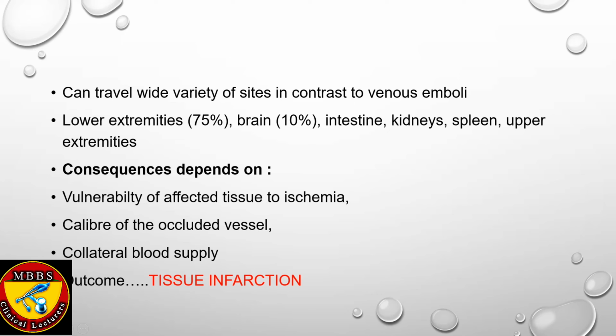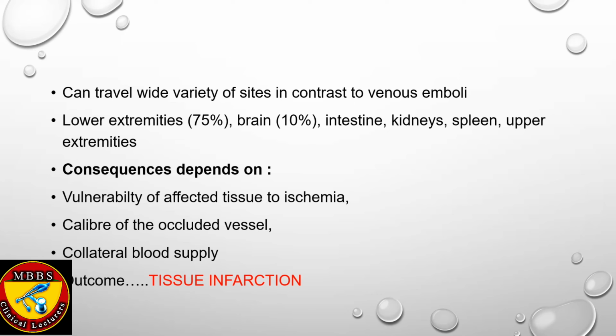Vulnerability of the affected tissue to ischemia means the capacity of the tissue to withstand decreased blood supply. Then the caliber of the occluded vessels: where a small vessel is involved, it will occlude completely, but if a larger vessel is involved, it can occlude partially and the blood flow continues.